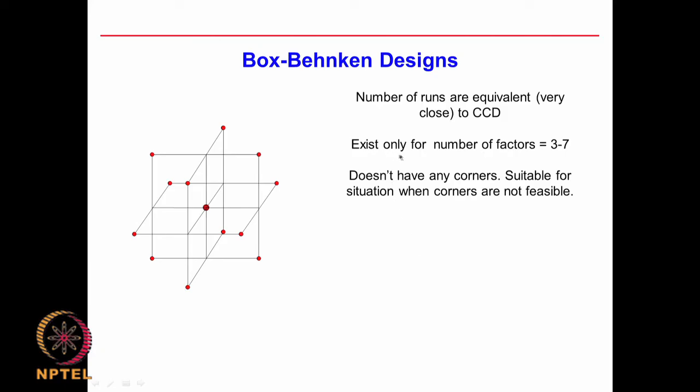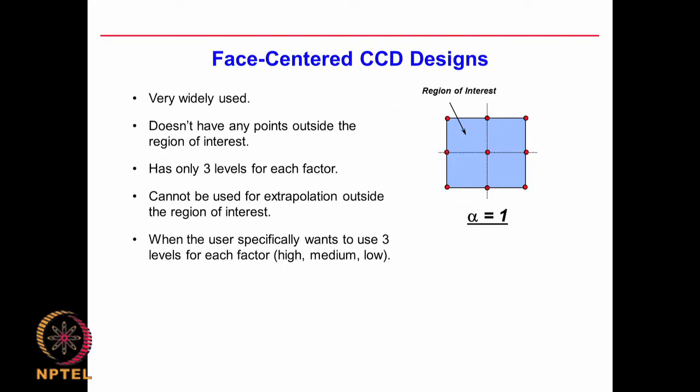Of course, if the factors are 3 to 7, only then it exists. So, it is not the corners, it is doing at these edges, center of these edges actually, that is called the Box Behnken design.